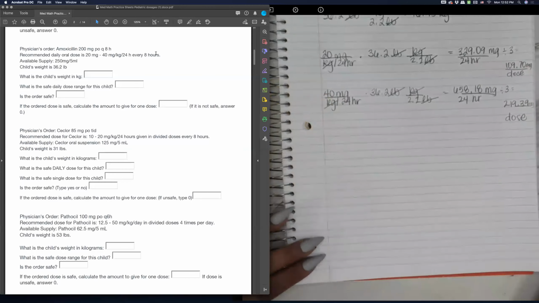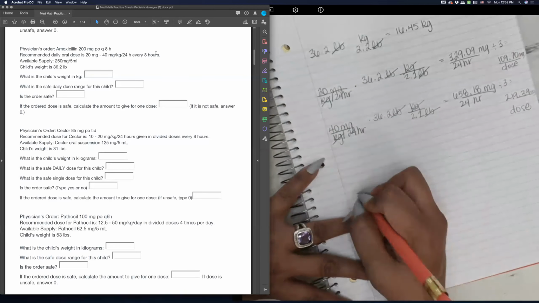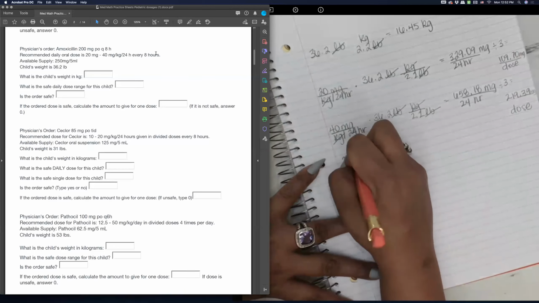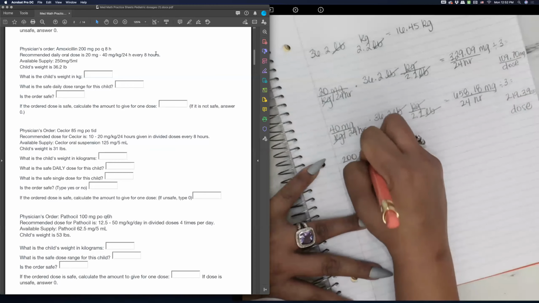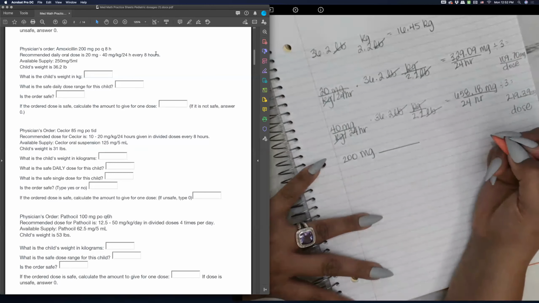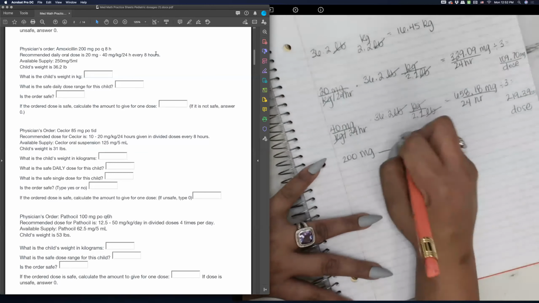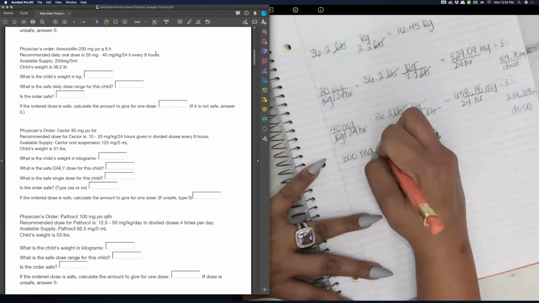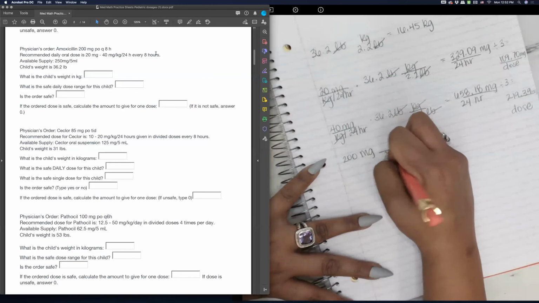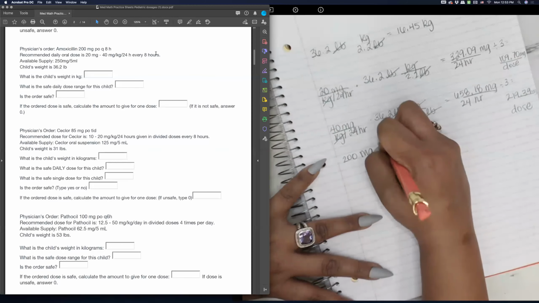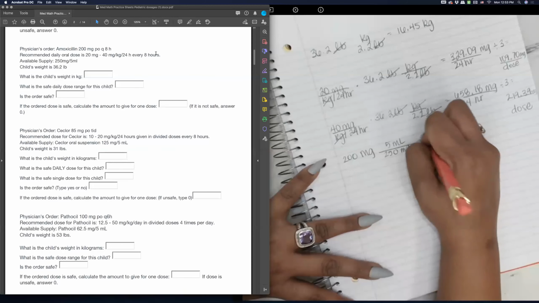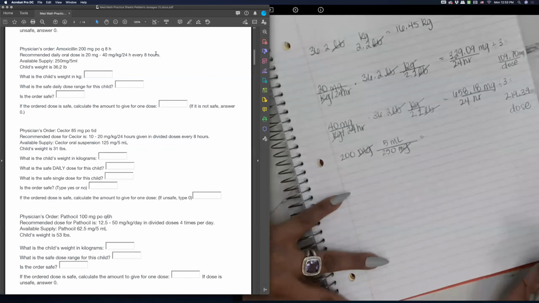And so now we would calculate how much medication to administer. So the order is 200 milligrams. Our dosage strength is 250 milligrams per 5 milliliters. Our units of milligrams will cancel.